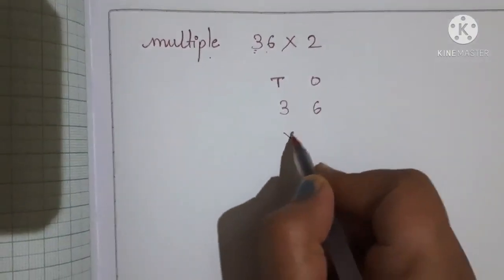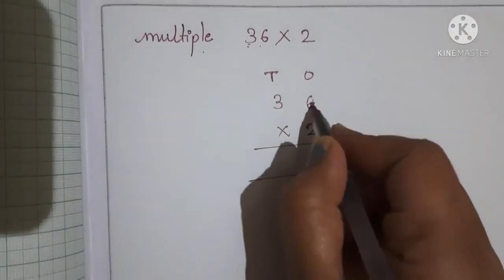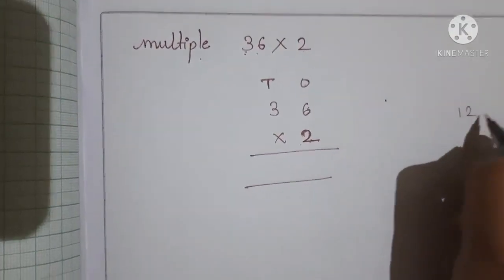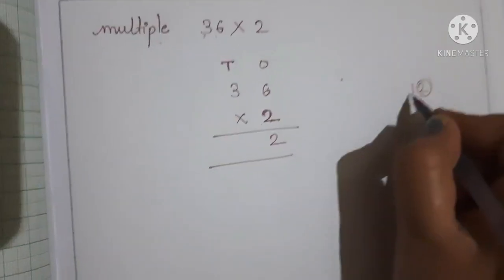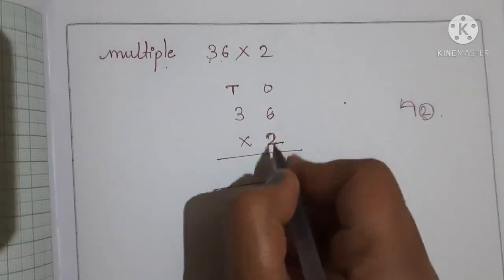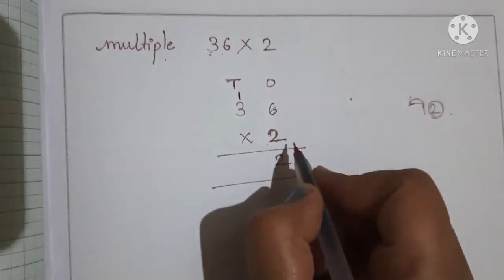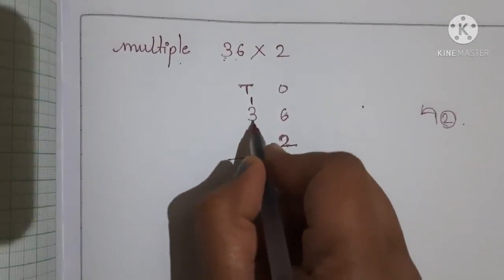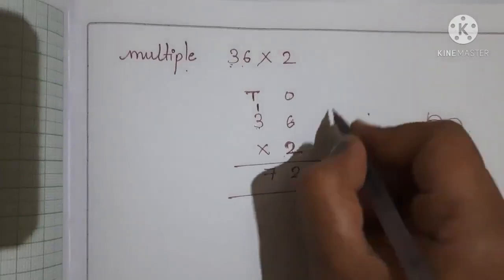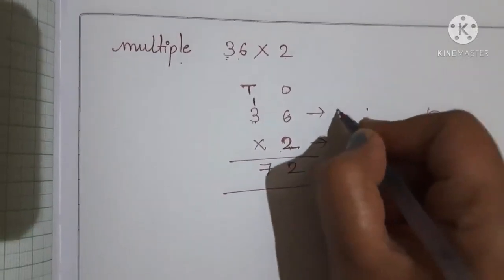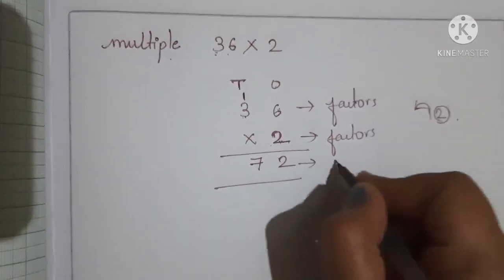We are going to multiply with 2. Now, 2 times 6 is how much? 12. Right. 2 we are going to write in ones place and 1 we are carrying forward. Yes, 1 we are going to write under tens place. Now, 2 times 3 is 6. 6 plus 1 is 7, so the answer is 72. Here 36 and 2 are factors and 72 is the product.